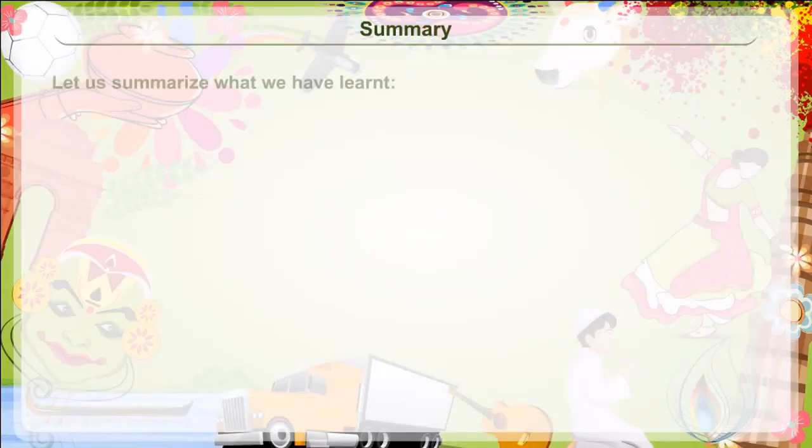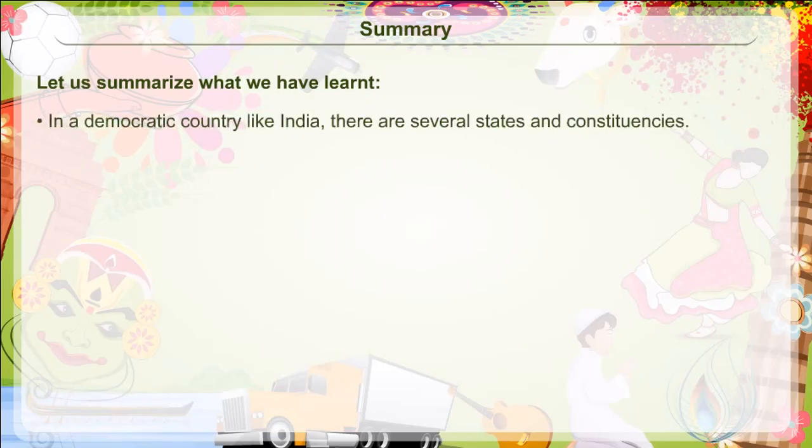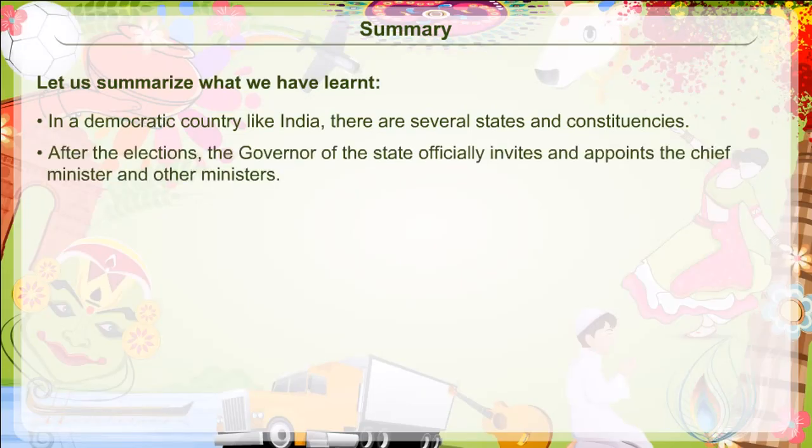Summary. Let us summarize what we have learned. In a democratic country like India, there are several states and constituencies. After the elections, the governor of the state officially invites and appoints the Chief Minister and other ministers.